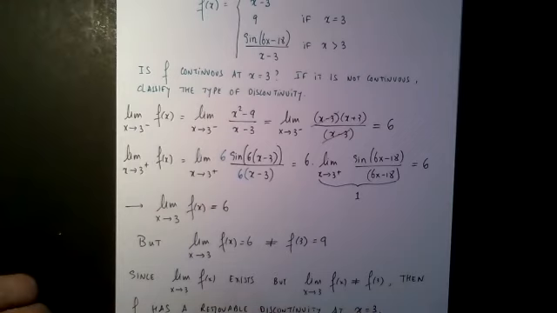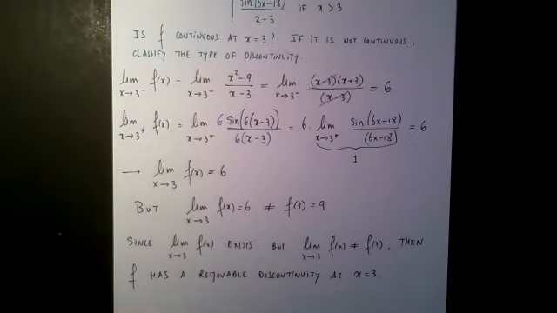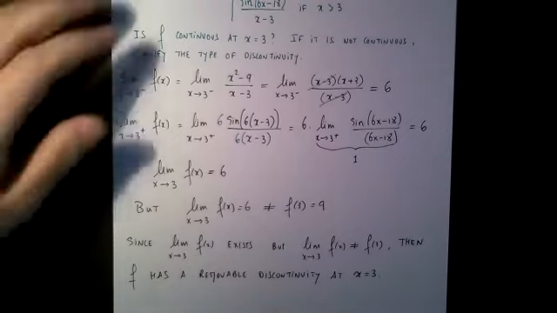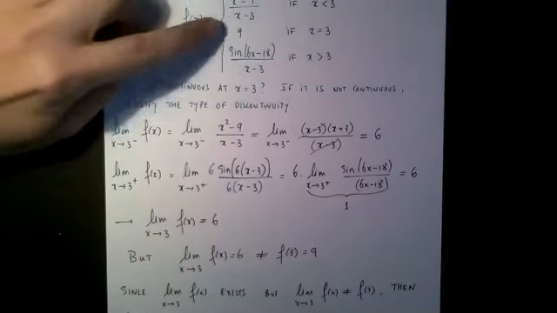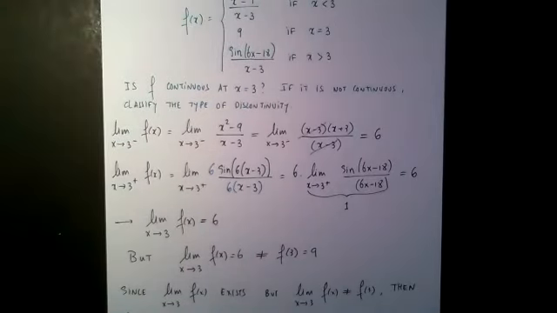This sentence is important because that's where you explain your answer. So it's not a jump discontinuity, it's a removable discontinuity. If instead of being a 9 here, this would have been a 6, then it would have been continuous. We're good? You get it?